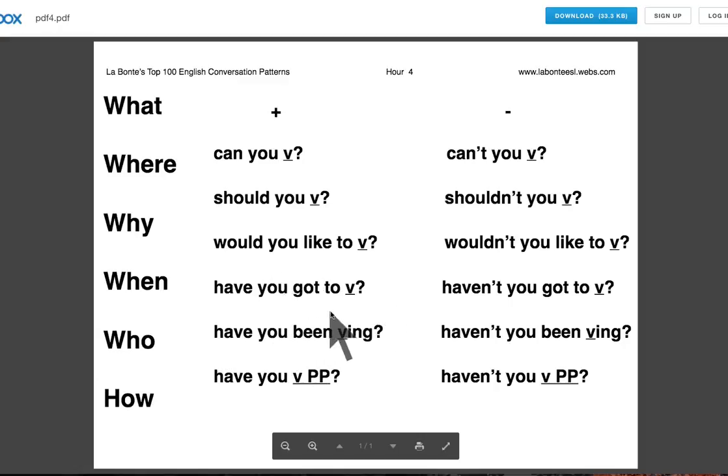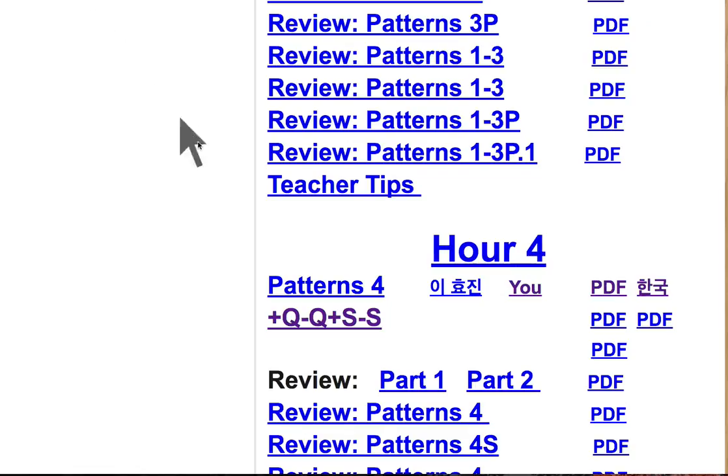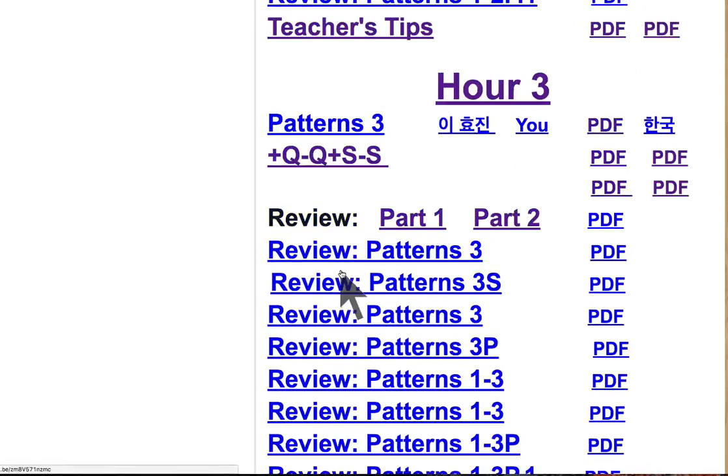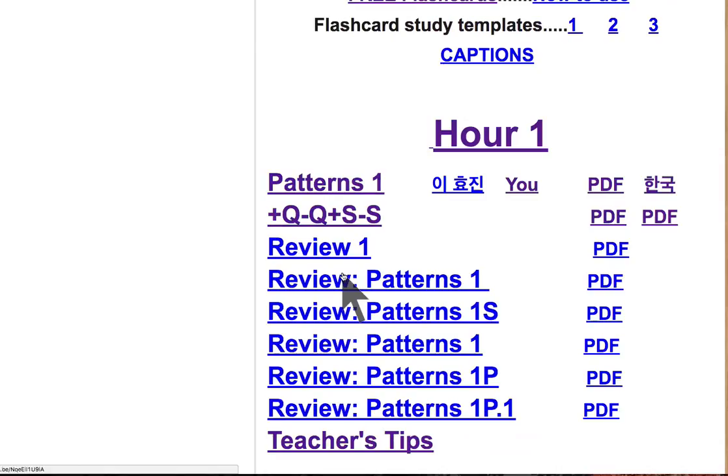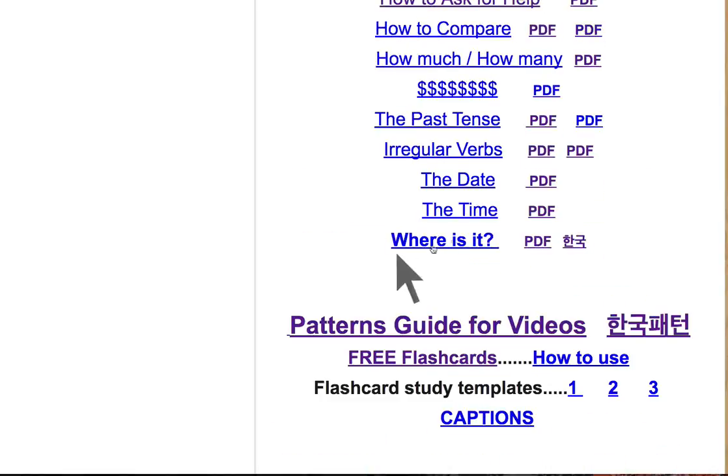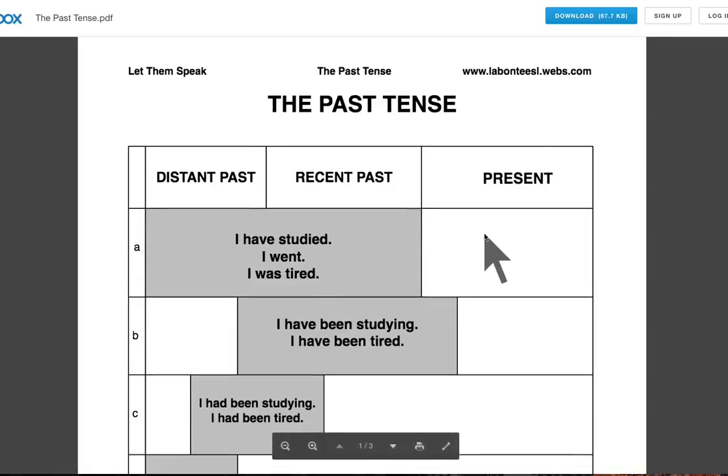So obviously here I'm beginning to introduce the past tense. Let me show you here. The way I handle it is, if you go back up here, the past tense, I give them a brief overview of the past tense.